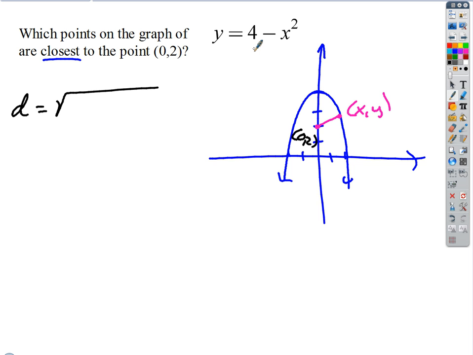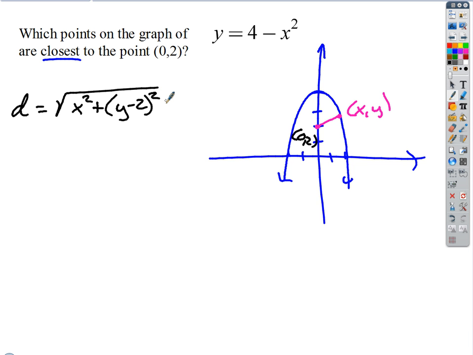If I pick an x value, I have to pick the y value that goes with it, meaning the one that fits on this curve, right? So the distance is just the square root of x2 minus x1, so I just say x minus 0, squared, plus y minus 2 squared. Does that make sense?